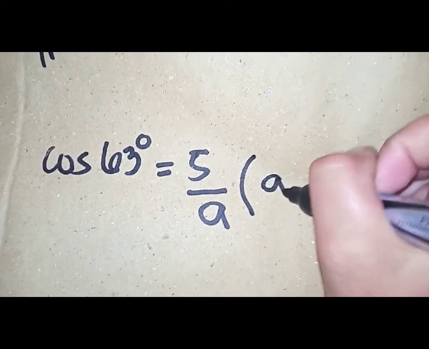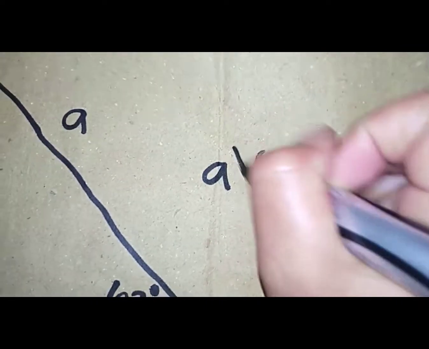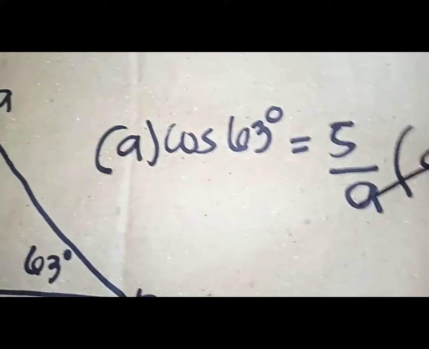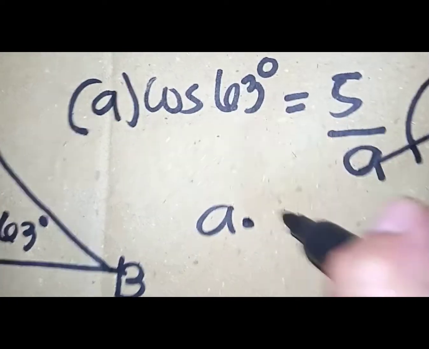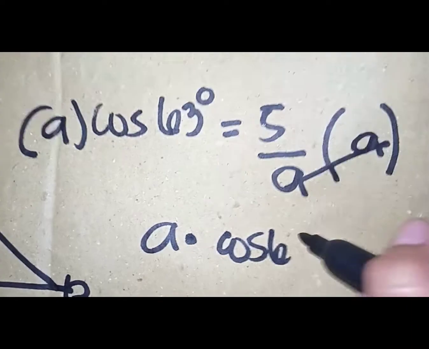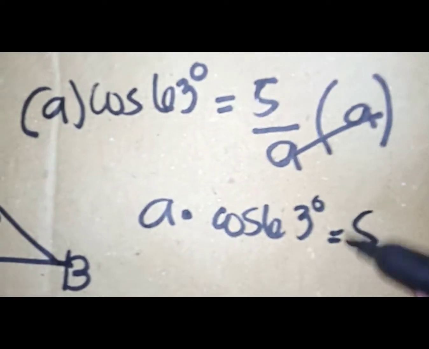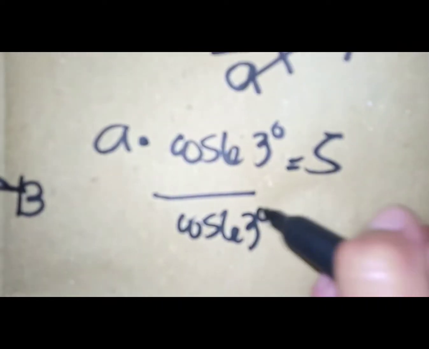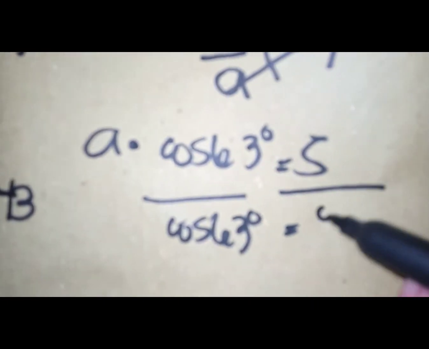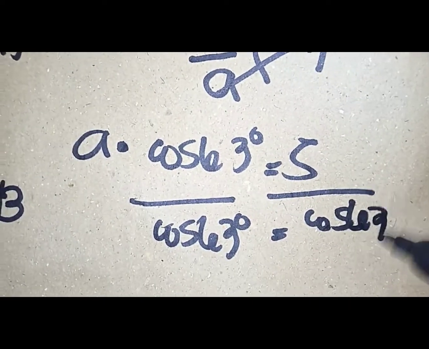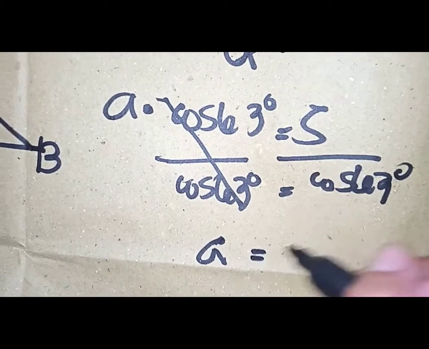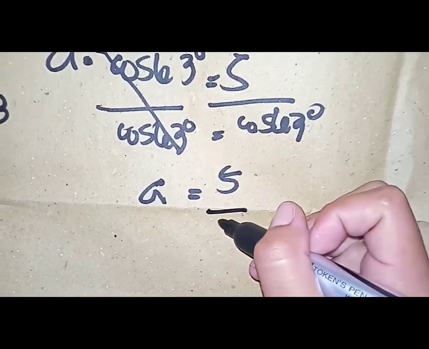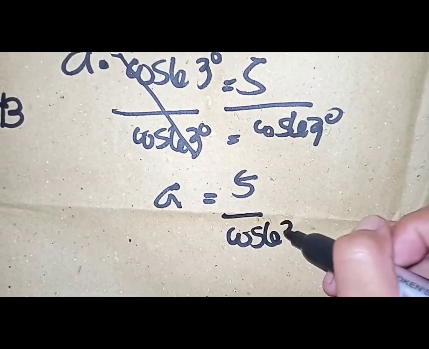Multiply both sides by A, and then cross out. A times cos 63 degrees is equal to 5. And then divide both sides by cosine 63 degrees, and cross out. So A is equal to 5 over cos 63 degrees.